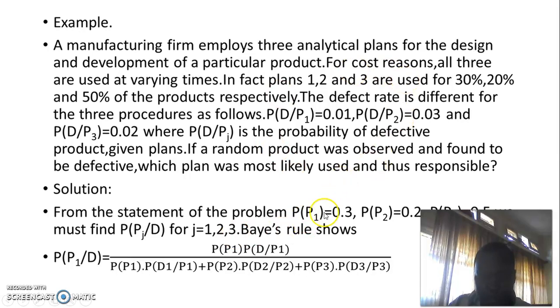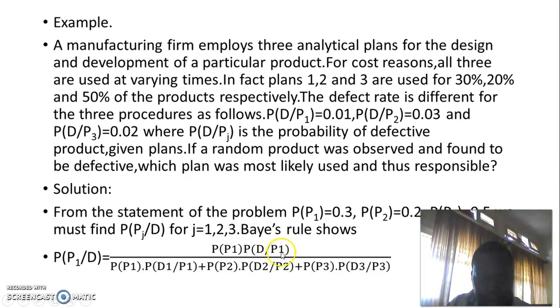Remember, P1, P2, and P3 are partitions. Therefore, using Bayes rule, we know that the probability of P1 given D is equal to the probability of P1 times the probability of defective given the plan.